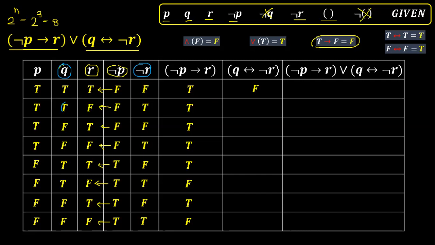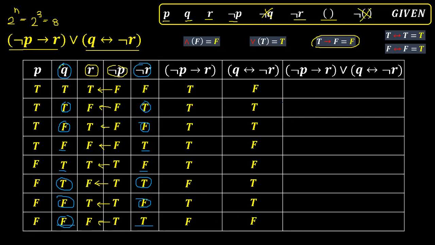But this one, true and true, they are the same, so therefore that is true. F and F also are the same, so that is true. But this one, they are not the same, false. This one also are not the same, false. But here, the same true, so that is true. The same false, so that is true. Then false, true, they are not the same, so that is false.